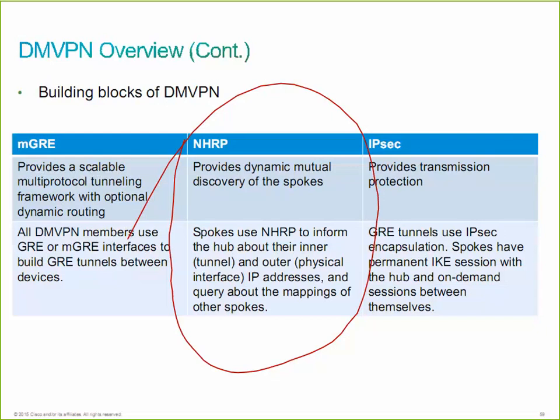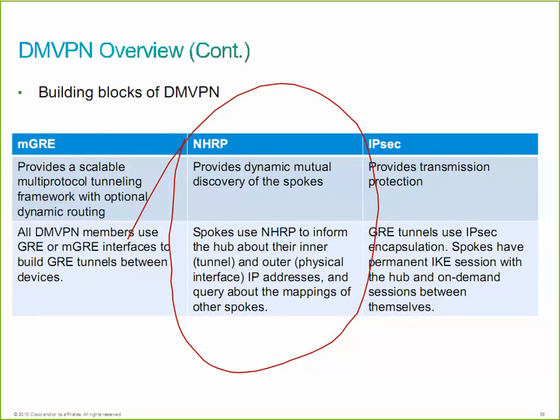What happens is the hub maintains a database, specifically an NHRP database, of the mappings between the outer, right? The outer being what? The public-facing physical interface, and the tunnel, which is the inside tunnel interface of each spoke. There's always that mapping between the private tunnel address and the outer public physical interface address.